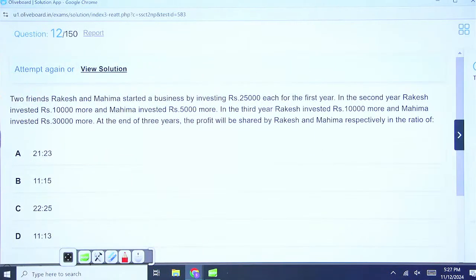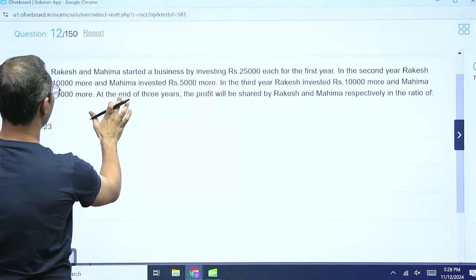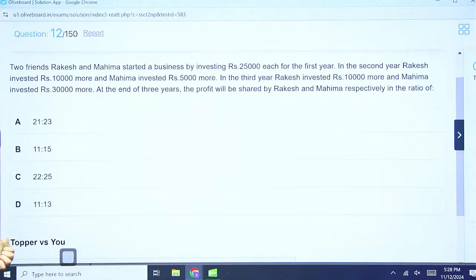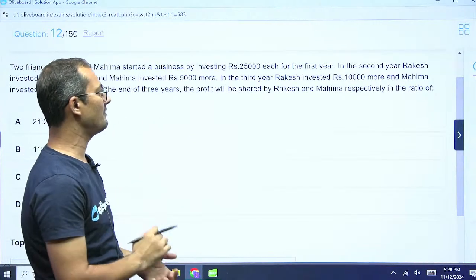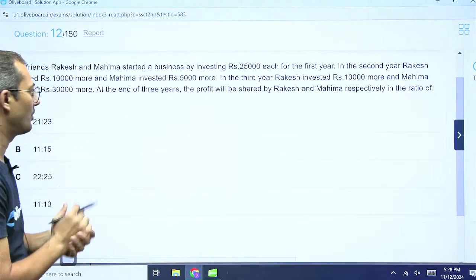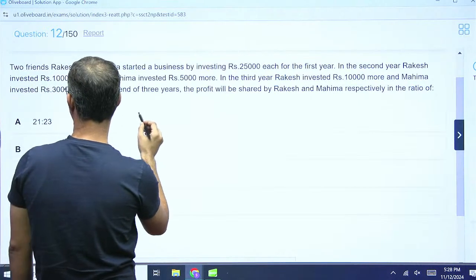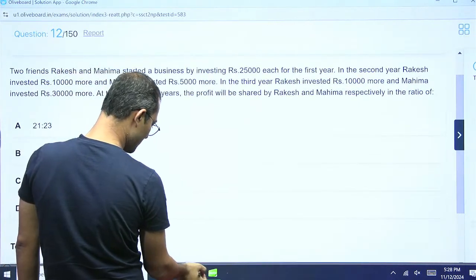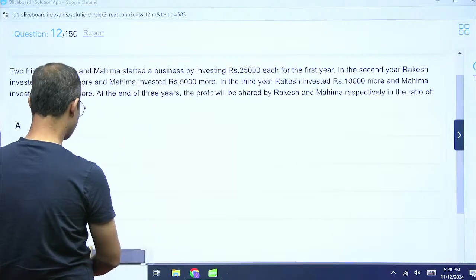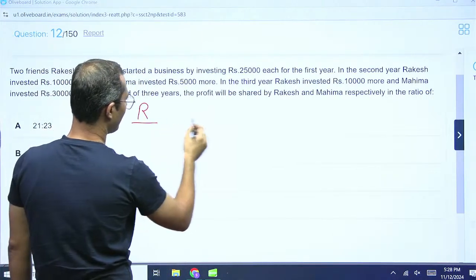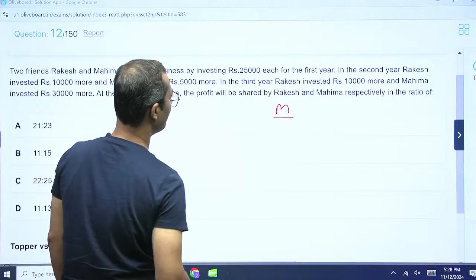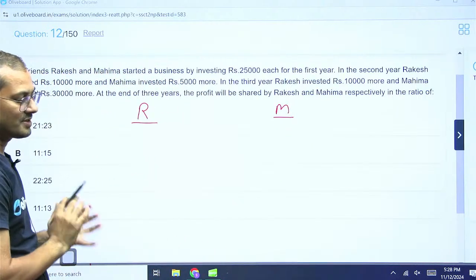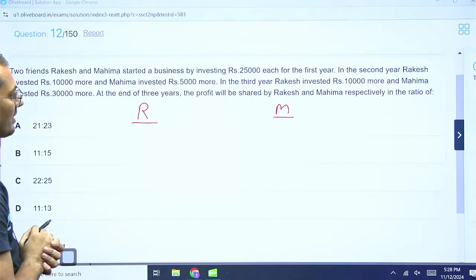Tell me what is the answer for this question. Yes, please. See, two friends Rakesh and Mahima started a business by investing rupees 25,000 each for the first year. They started business by investing 25,000, right?